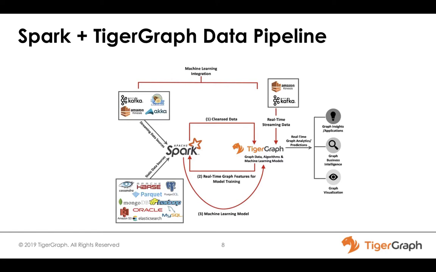After the machine learning model is trained, this model can feed back into TigerGraph. And this is where you can combine the real-time streaming data and the machine learning model within TigerGraph to predict the graph analytics, which then downstream feeds into the graph insights and graph applications, and BI tools, as well as visualization tools.